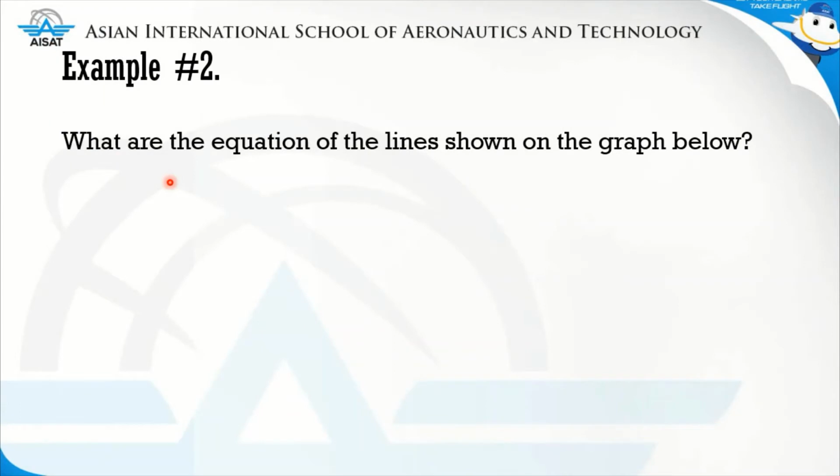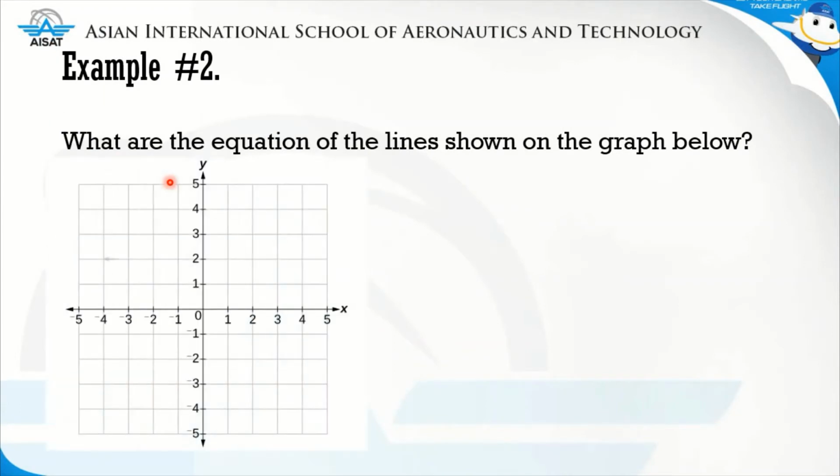Now let's have example 2. What are the equations of the lines shown on the graph below? So we have this blue line and this orange line. For the first line, if you can observe, this is a horizontal line and it passes through 2, which is above our x-axis.